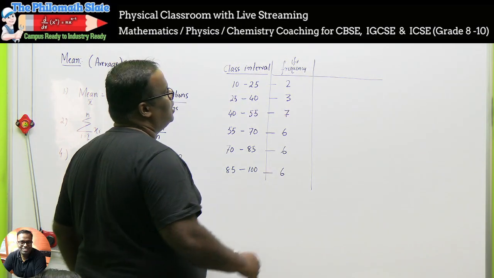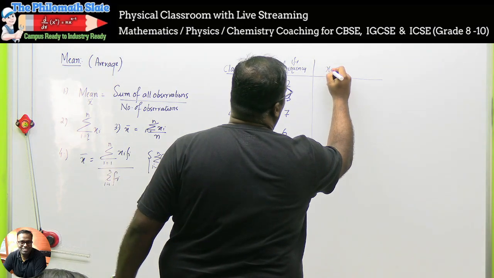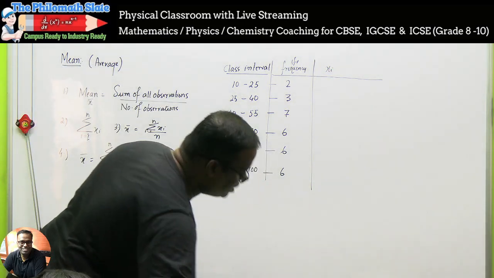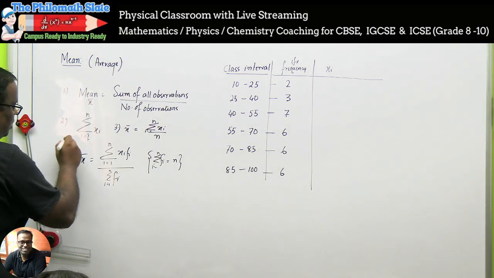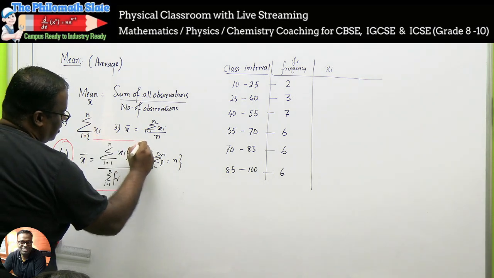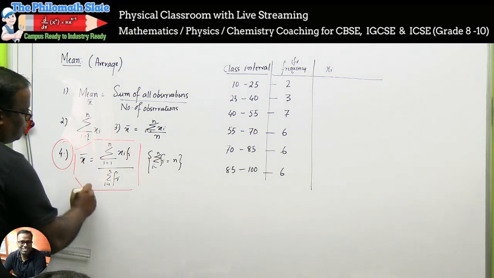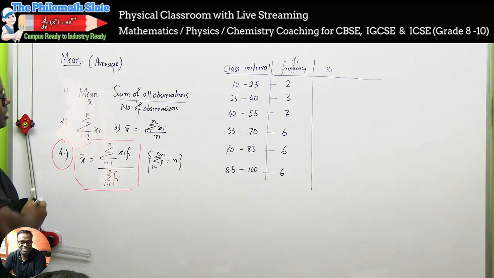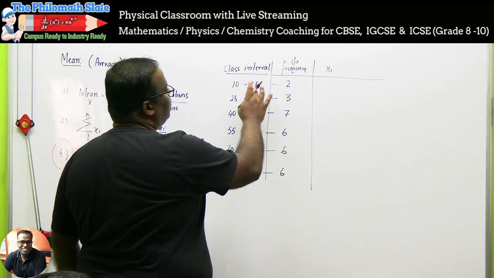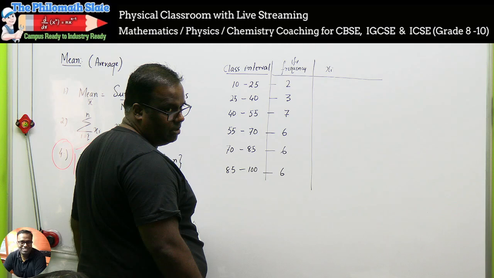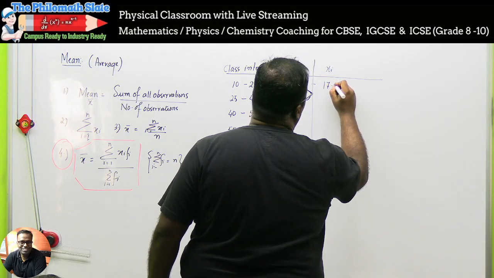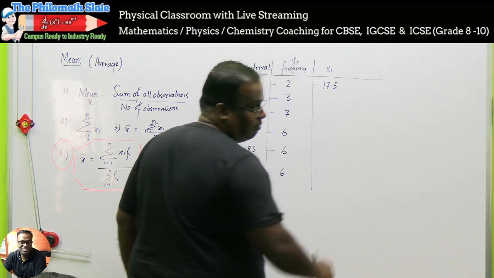Our first job is to find out the mean. As I say, the donkey or hard-working process at grade 10 level is this. From here, we have to make our formula more intelligent. You will right now see this will become difficult for you. Let's find xi. 25 plus 10 is 35. 35 divided by 2 is 17.5.